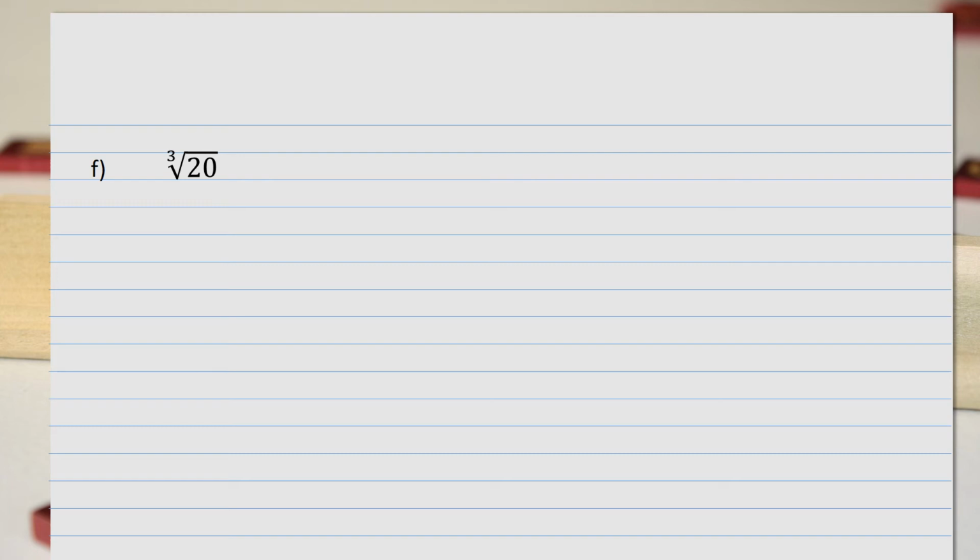For F, we have the cube root of 20. So we do the factor tree for 20, and we come up with 2 and 10. 2 is prime, but 10 we know is made up of 2 and 5. 2 is prime, so is 5. So we write our factors under the radical, and now we look at the index.